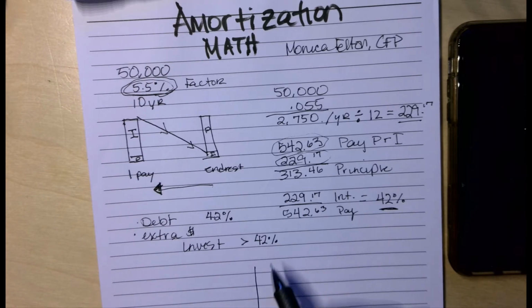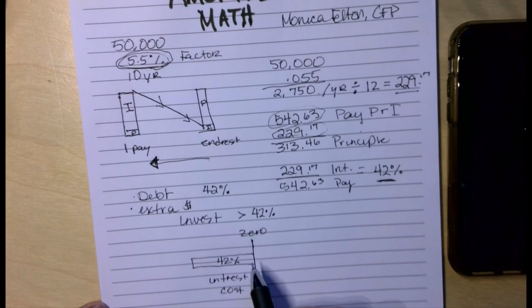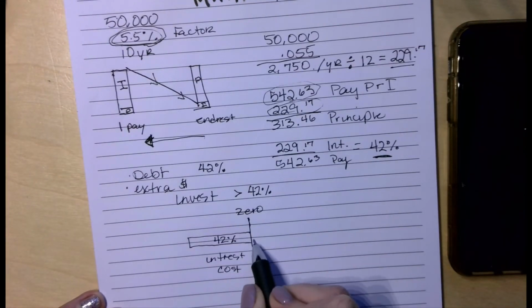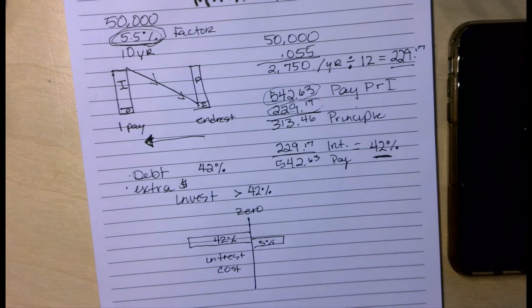So what I say is if this line here is 0 and I am paying 42% in interest costs, but I could turn around and make 5% in the stock market, I'm still going backwards. Even if I could make 10% in the stock market, I'm still going backwards.